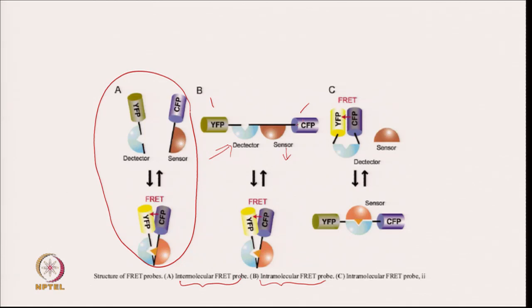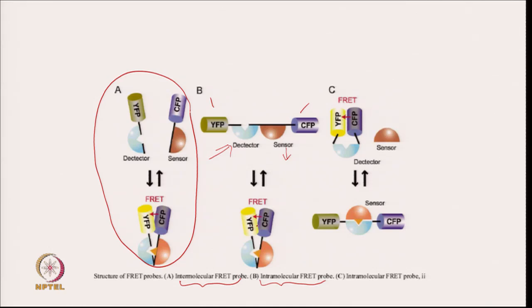What we need to do again is excite CFP and look at the effect of exciting CFP on YFP. Suppose a protein or any molecule is in a conformation where these two parts are far apart, then there will be no FRET and you will not see emission from YFP.